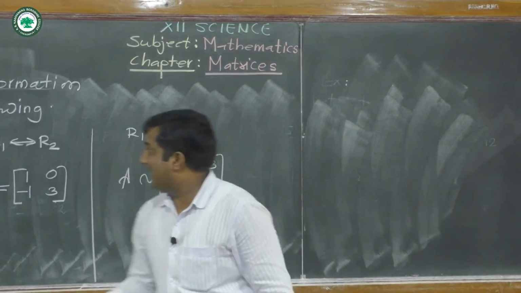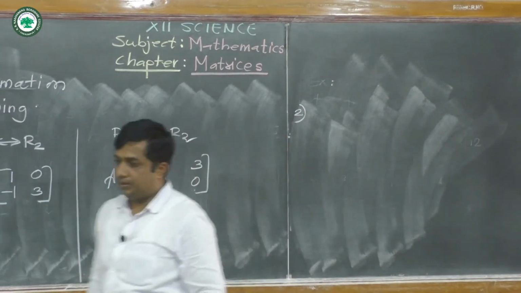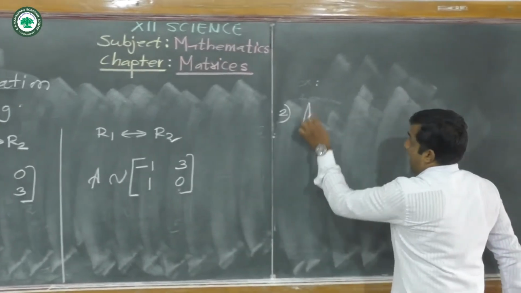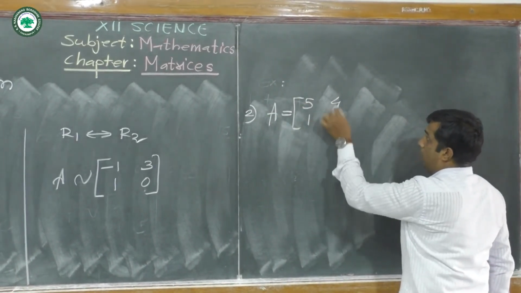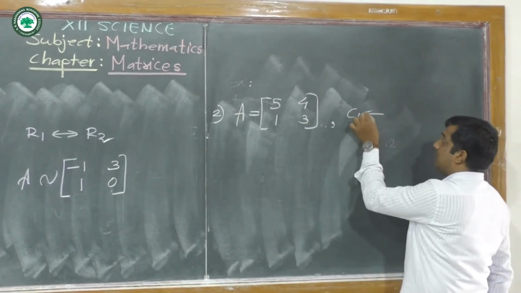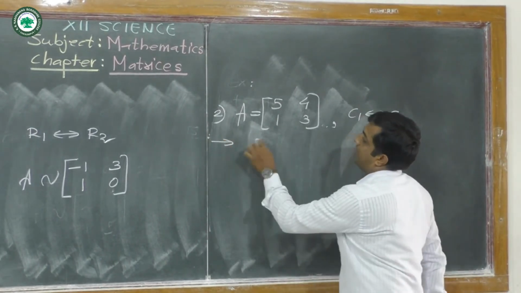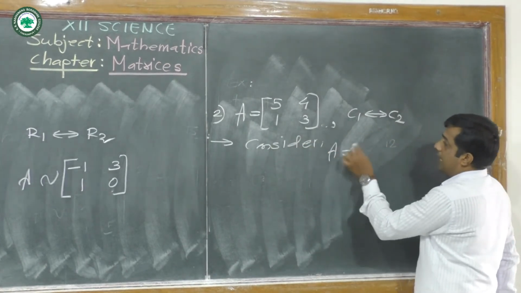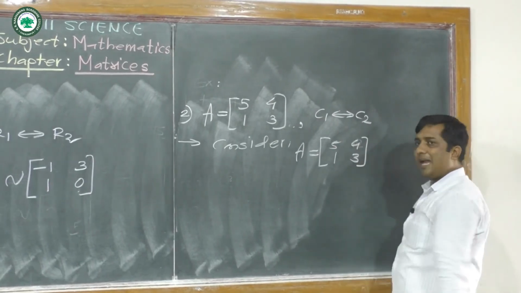Let's go with another example. Here in second, given A is the matrix, in the first row 5 4 and in the second row 1 3. Okay, here we have to perform C1 interchange with C2. Consider the given matrix again. Consider a matrix having 5 4 in the first row, 1 3 in the second row.